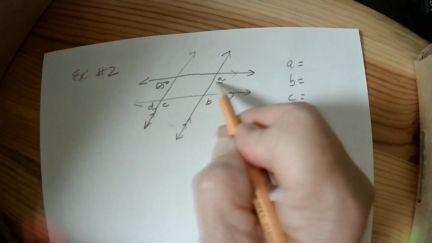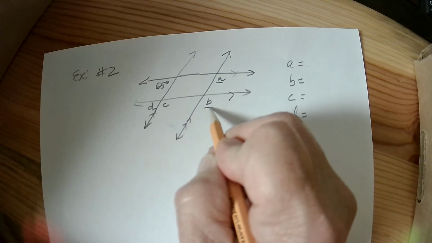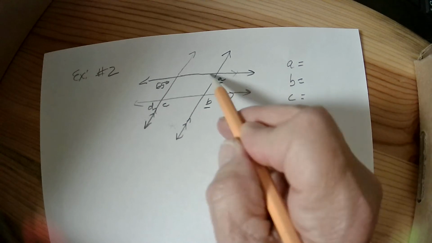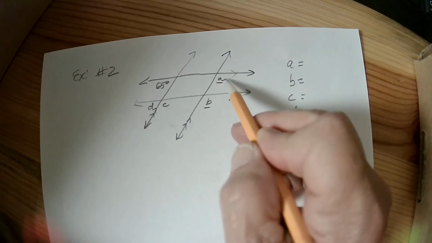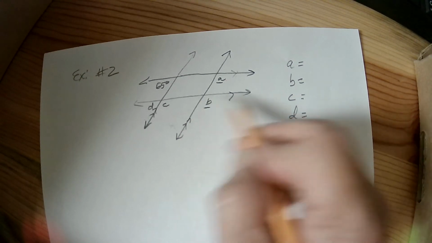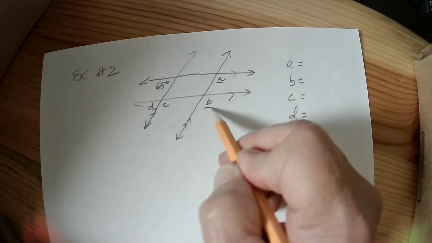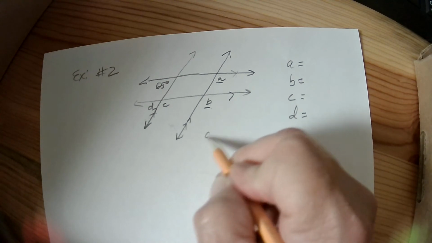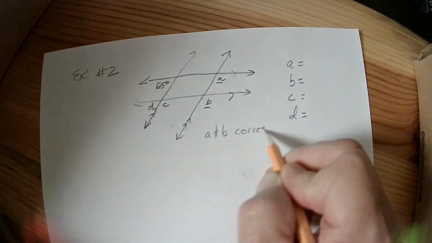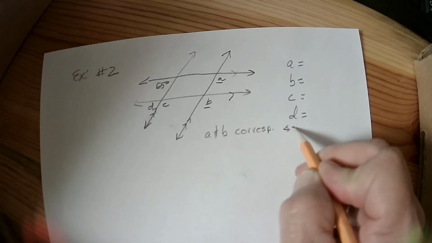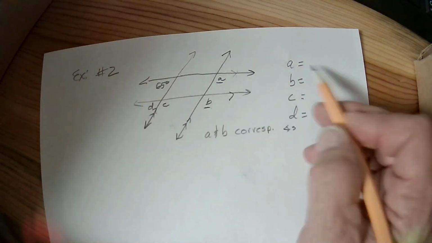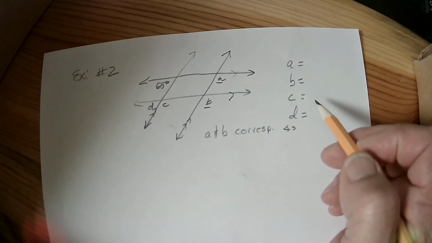So if I look at A and B, notice their position. A is underneath this parallel line to the right of the transversal. B is underneath this parallel line to the right of that transversal. A and B are corresponding angles. And I know that corresponding angles are the same. So if I can find A or B, I know what the other one is.